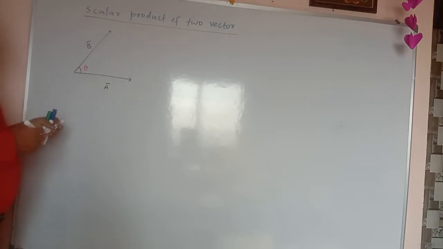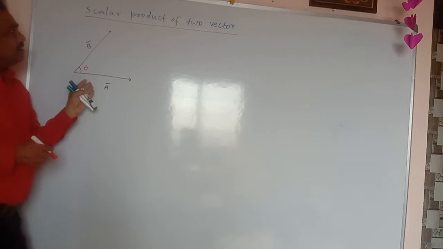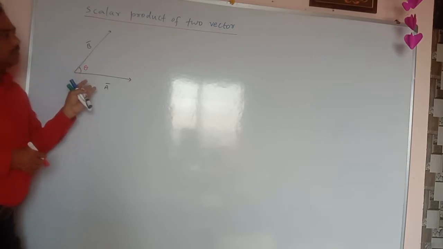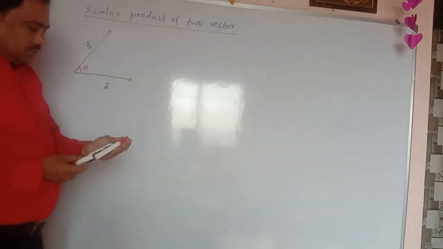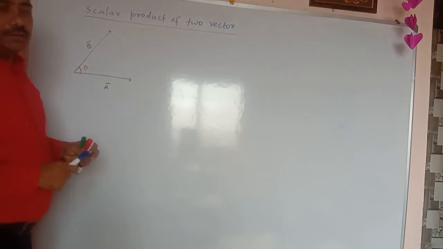Now, how can we consider the dot product, or scalar product, of these two given vectors? For that purpose, you should remember the definition of the scalar product.